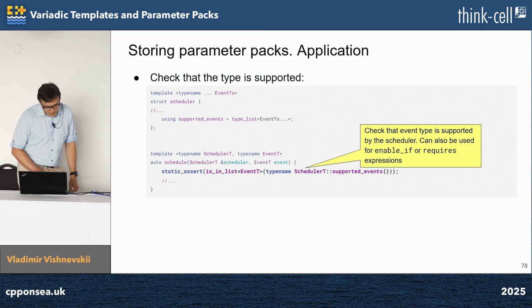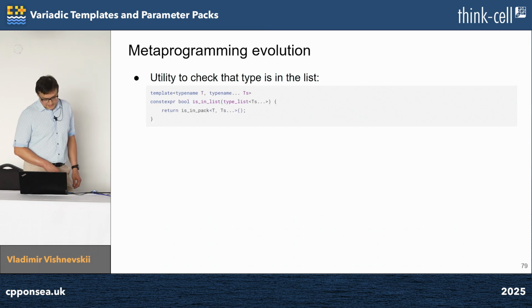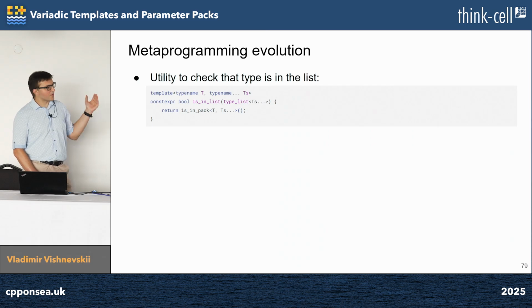So for this, we need to figure out if the type that we want to schedule is in the list of the supported events. For this, we need to have a facility is in list, and we need to implement it. And in this implementation, this is in list is basically what it does: it just extracts the pack from the type list.